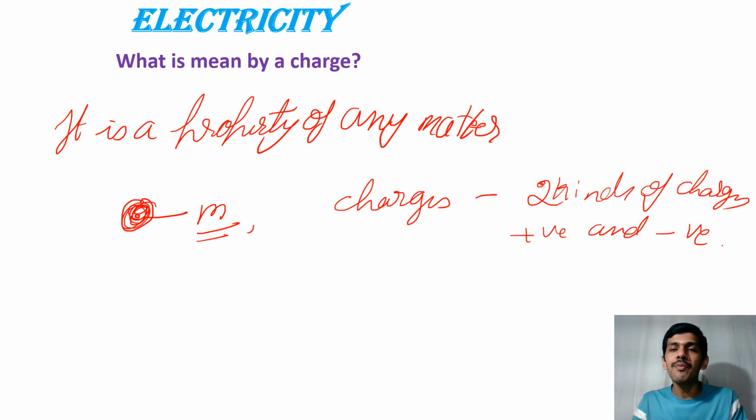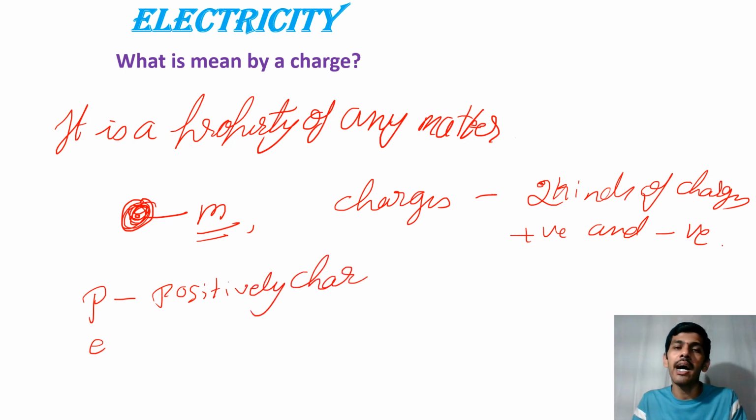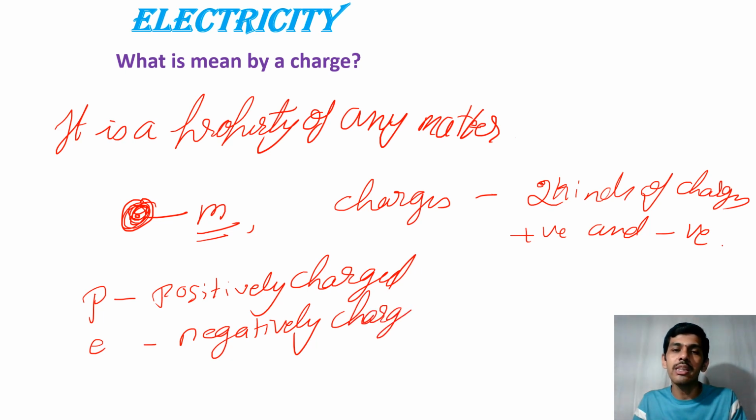For example, you have studied in your previous class about the atomic number. It says that the number of protons and number of electrons in any atom are the same. We already know that protons and electrons are charges. Protons are positively charged and electrons are negatively charged. So there are two types of charges, positive and negative.